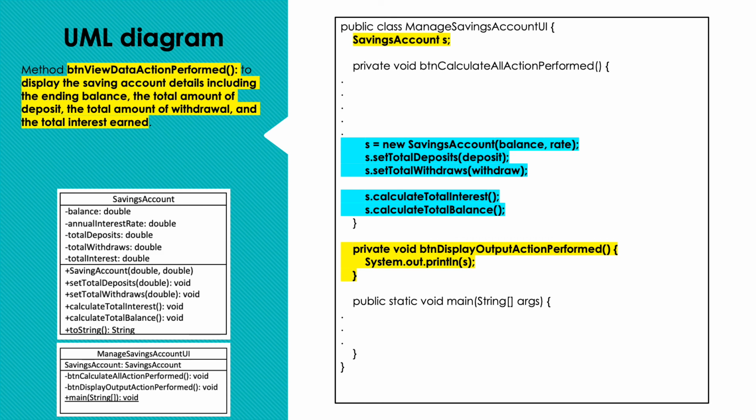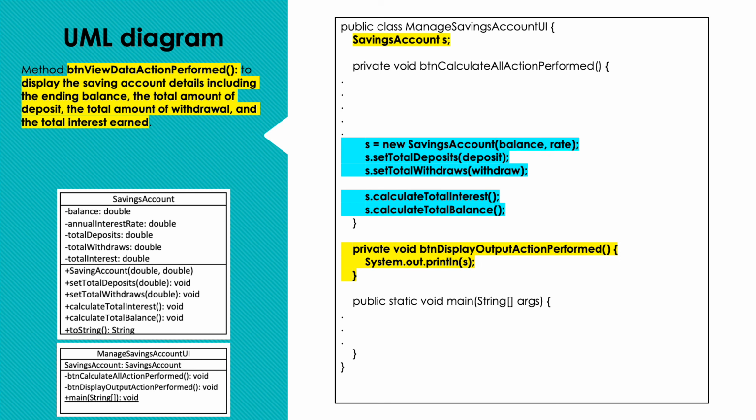So you can write it as System.out.println(s), where s refers to the object of your savings account, or you can also write it as s.toString. That is the beauty of using toString, because you don't have to write specifically the method that you want to call. We just need to write the object straight away, and it will call the toString automatically.